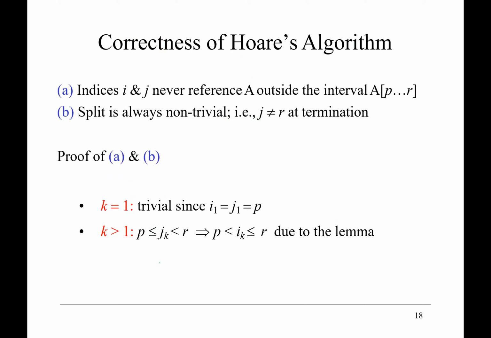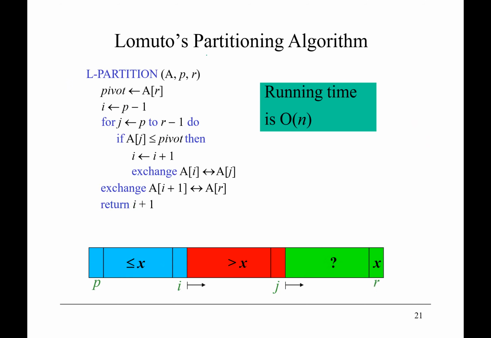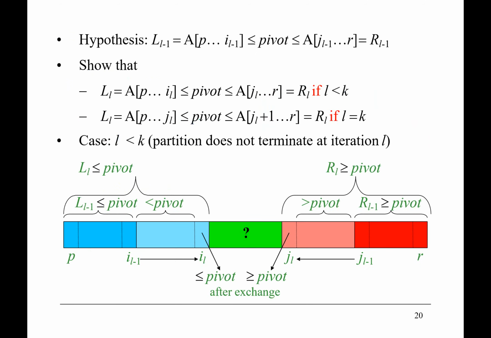In this way, we can prove the whole partition algorithm is correct. And we can also check the runtime of this partition algorithm. It is O(n). It scans the whole sequence to decide where this pivot should stay, and also uses this pivot location to split the two parts. So the total runtime for partition is O(n).